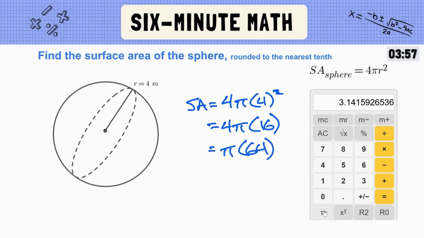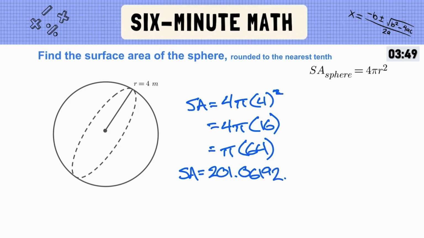And I plug that into a calculator for a surface area of 201.06192... And then I see that I'm going to round that to the nearest tenth. So my final surface area is 201.1 square meters.